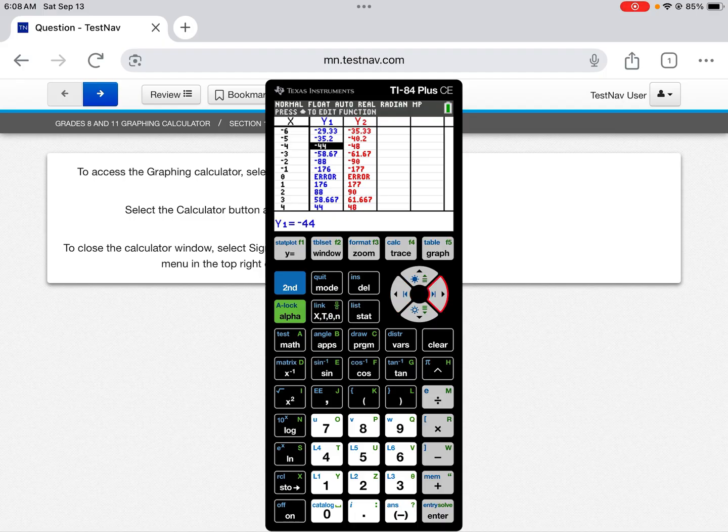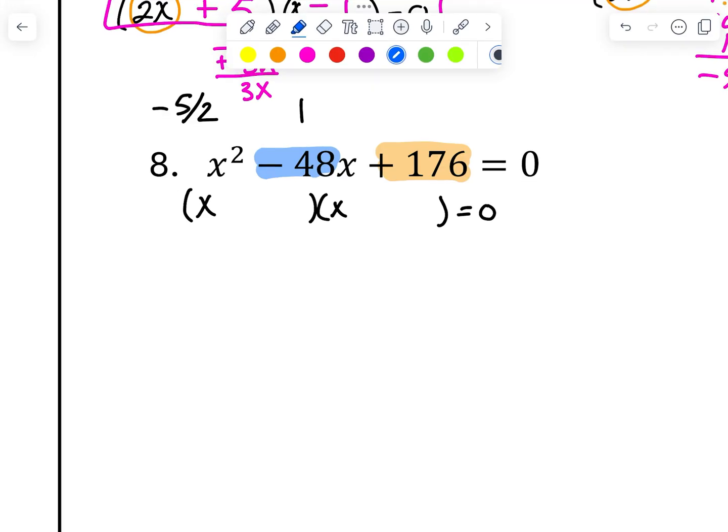Those are the factors of 176 that add to negative 48. So we're going to go x minus 4 and x minus 44. So x is equal to 4 and x is equal to 44. Chicken dinner.